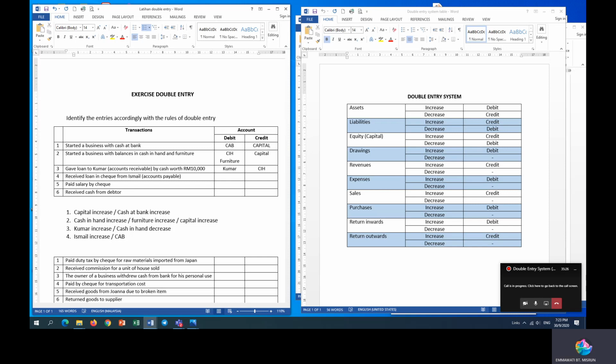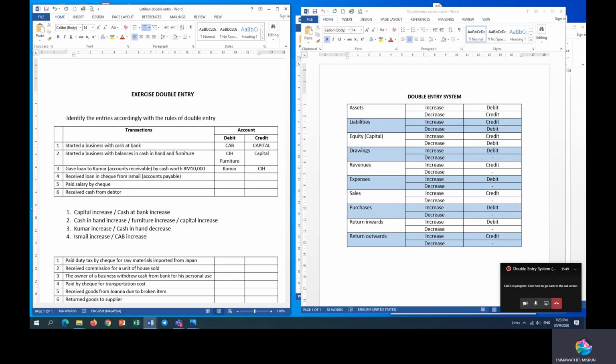And then you receive your loan in form of check. So awak terima duit. You receive your money. The money is received via check. So this will increase your cash at bank because you receive the loan by check. So this will increase the amount of money that you had in your account.